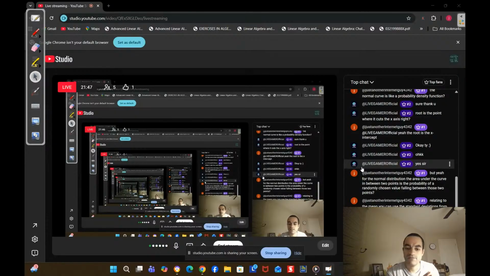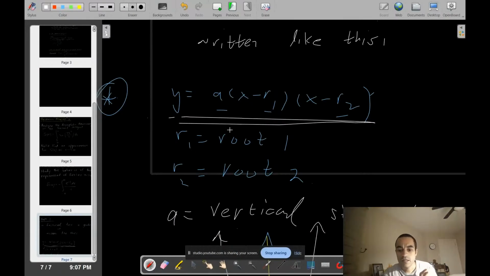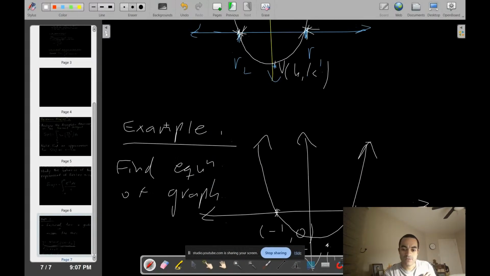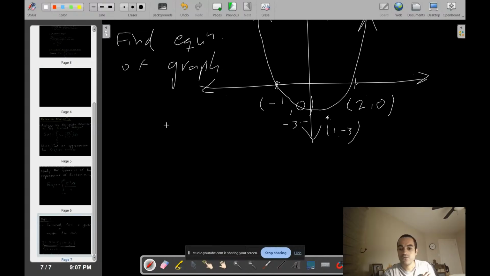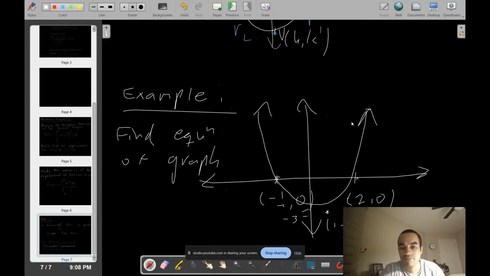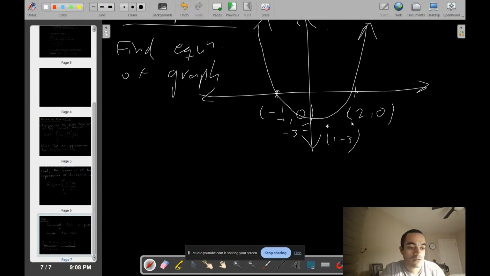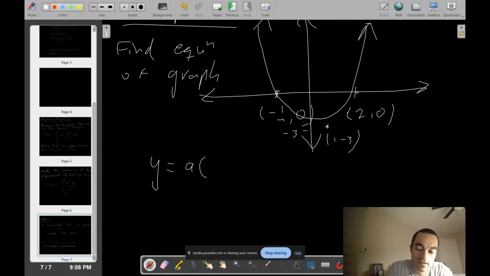Yes, that's correct, Live Gamer. Just 1 second. Live Gamer says, yeah, we can look at the roots. So we have roots here: -1, 0. So what we would have is y equals a bracket x minus -1.